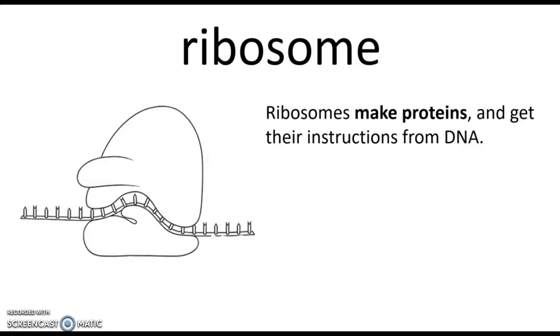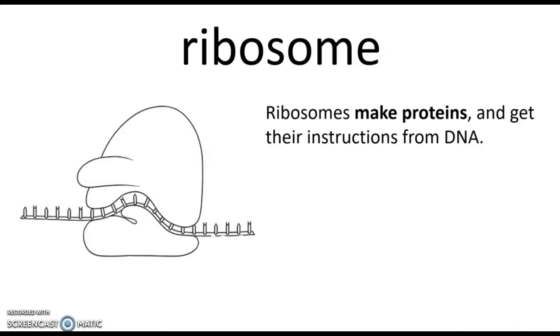If you ask yourself anything about a cell, like how does a cell know when it's time to divide? How does a cell know if something is trash? How does a cell know if it needs more of something or less of something or something's attacking it? You can answer that question primarily by saying, oh, it's a protein. And ribosomes are the organelles that make proteins. So that's their main job.